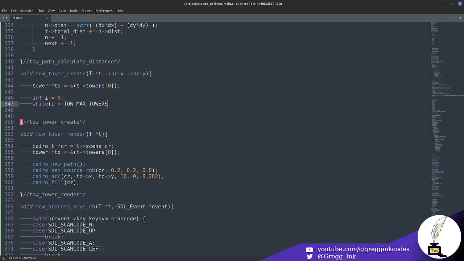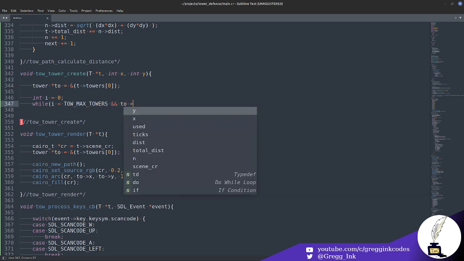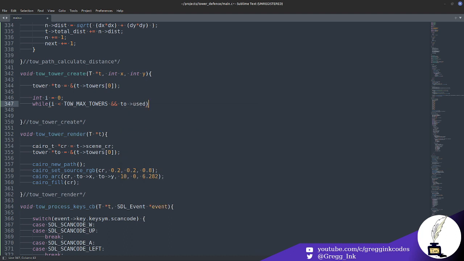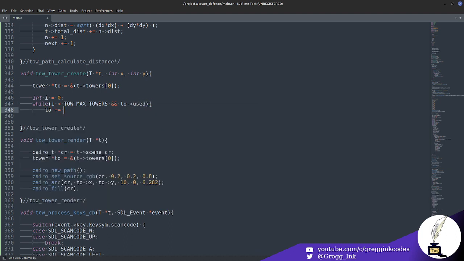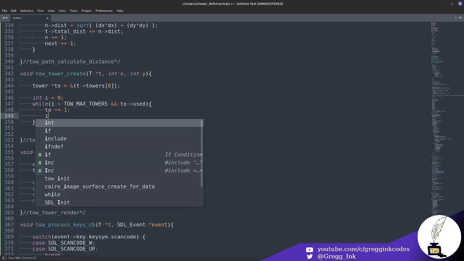And t.used, t.used plus equal 1, and i plus equal 1.